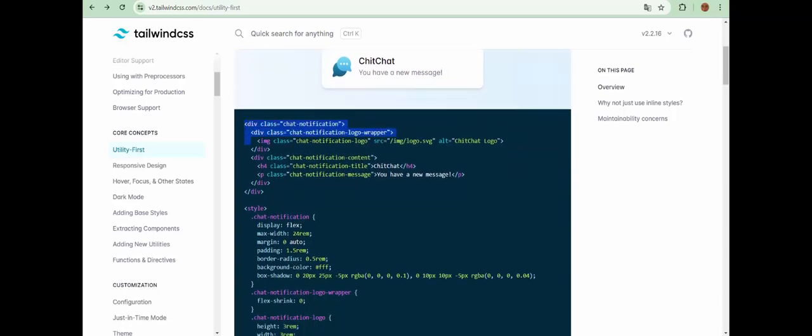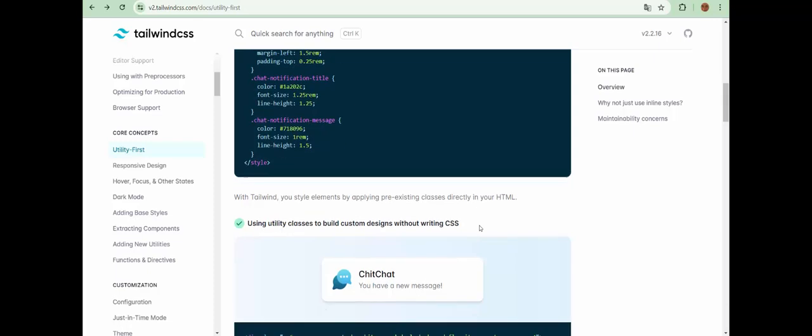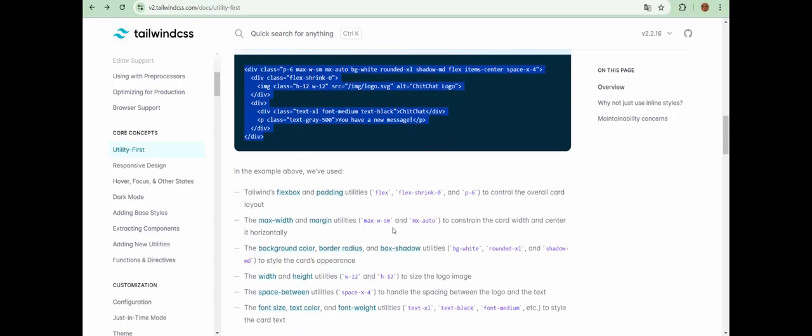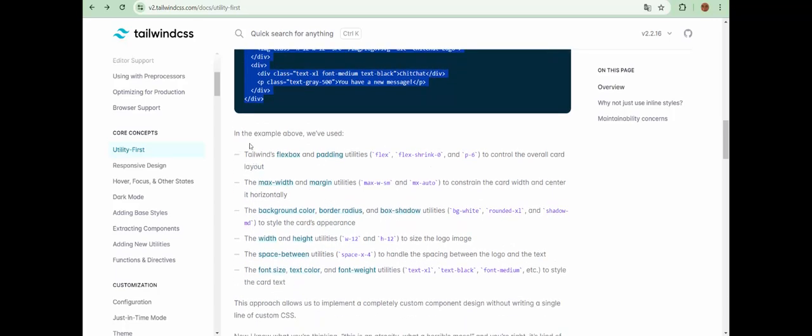Let's go up to reading. In the example above, we've used Tailwind's Flexbox and padding utilities, flex shrink and p-6, which is padding, to control the overall card layout.